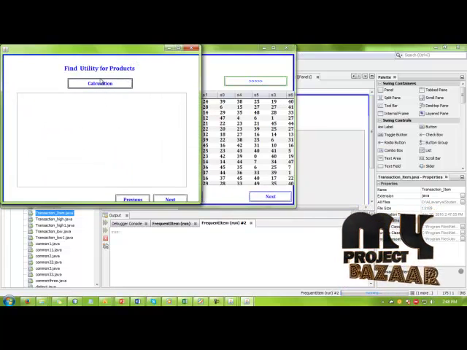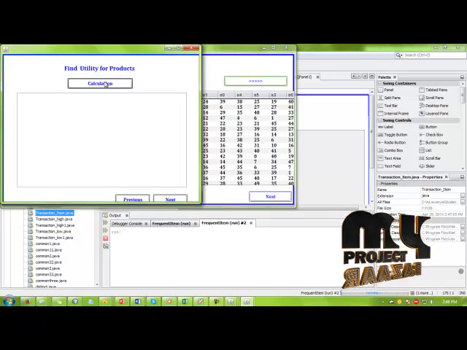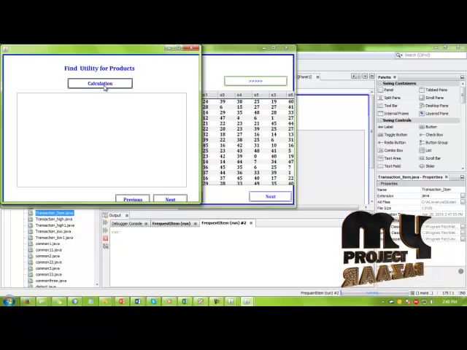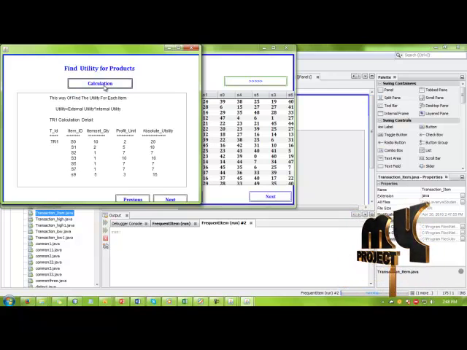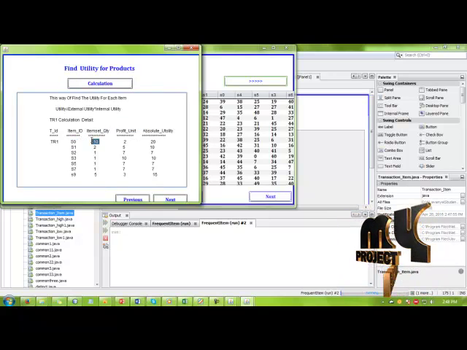Click next. Here we are going to find out the utility for the products. If the customer buys a product once, how much profit is earned for the market. Here the user purchased the S0 product 10 times, and the profit unit of this particular product is 2.